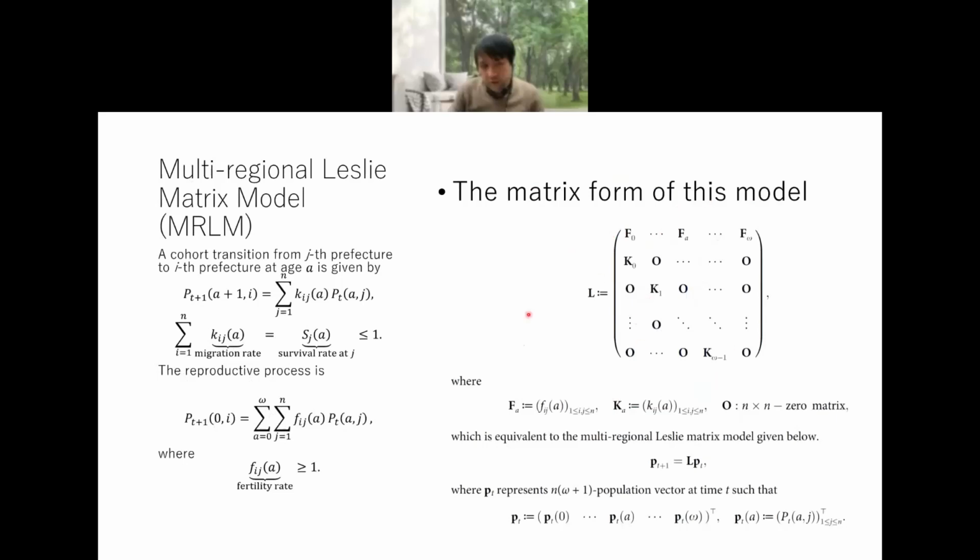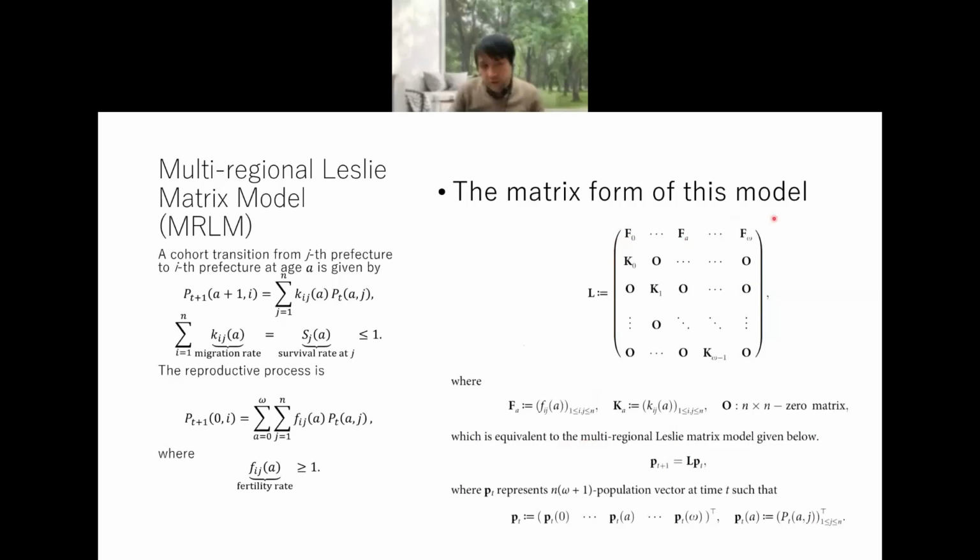This parameter represents the migration matrix. It is given by this one, and this subscript means the age, and this matrix represents the fertility matrix for each age.